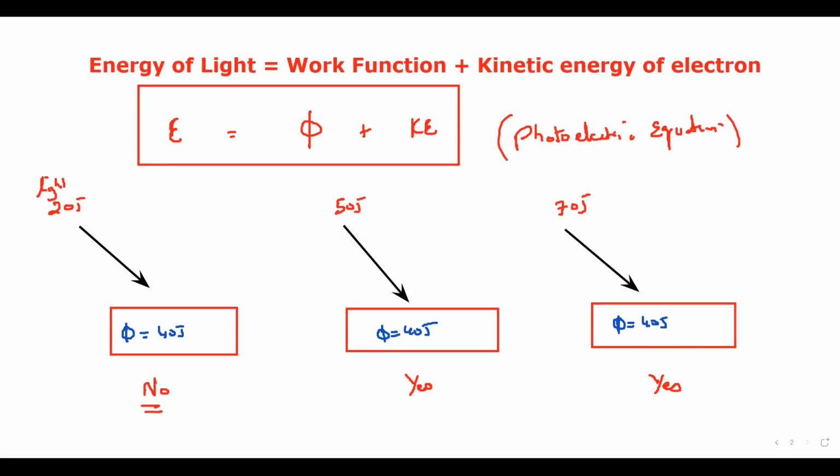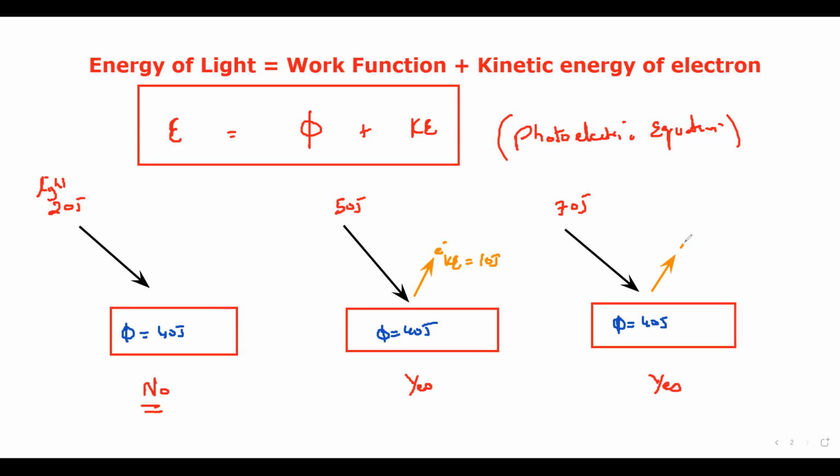And when we compare the kinetic energy, the movement of the electron when it comes out: if the work function is 40 joules and the energy of the incident light is 50, how much is the kinetic energy of this electron? It will be 10 joules, because out of 50, it used 40 for coming out and the remaining 10 as kinetic.